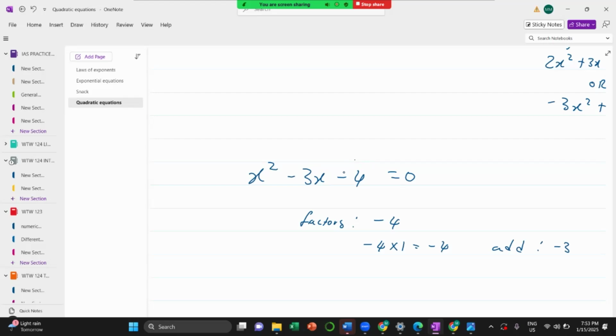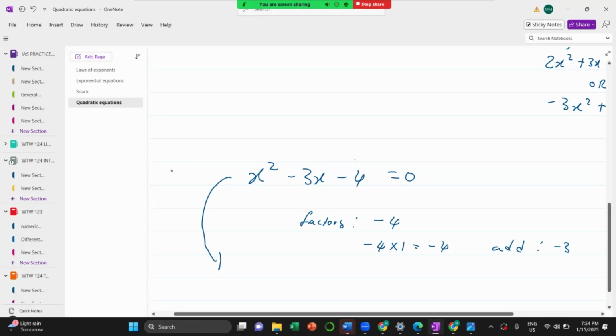Are you disagreeing that the factors of -4 can be -4 and 1? No, sir. So when we add them, they give us -3, which is exactly what we want for the middle term. Are you guys okay? Yes. So if you are okay with this, we can continue.